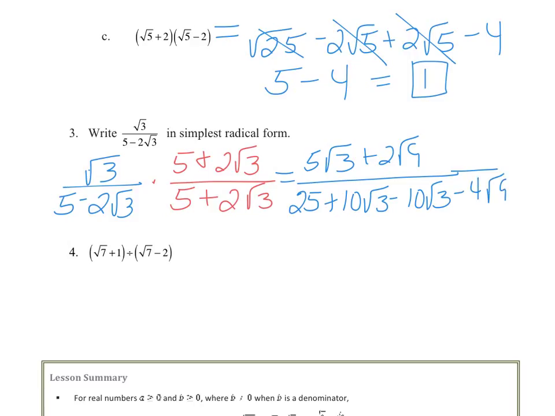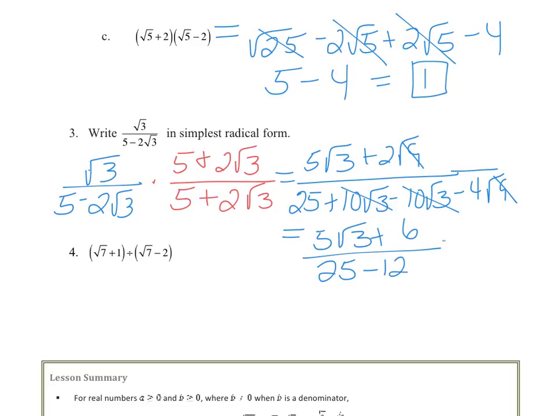Because remember, you multiply the outside guys and the inside guys. So on the top, I'm going to end up with, see, the square root of 9 is 3. So this is going to be 5 radical 3 plus 6. And on the bottom, these guys cancel out, 25 minus square root of 9 is 3 times the 4 gives me 12.